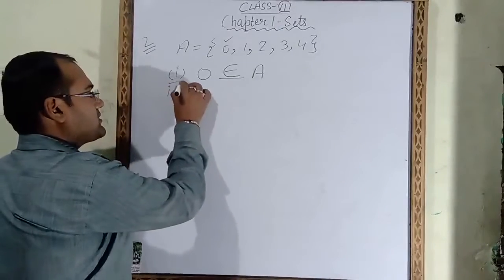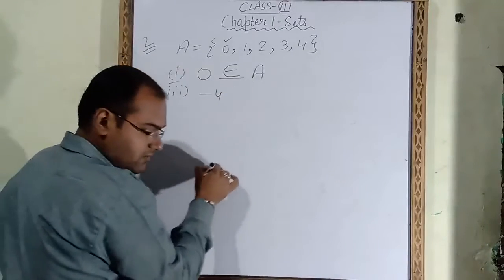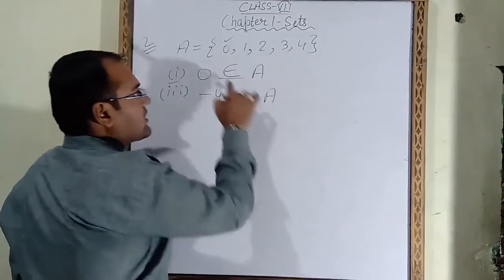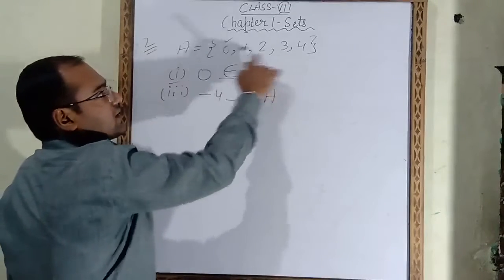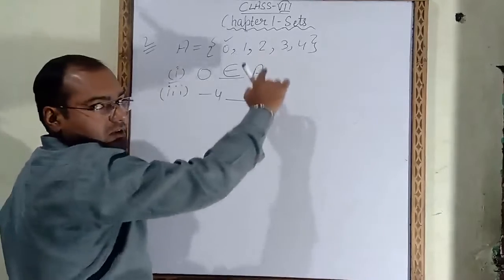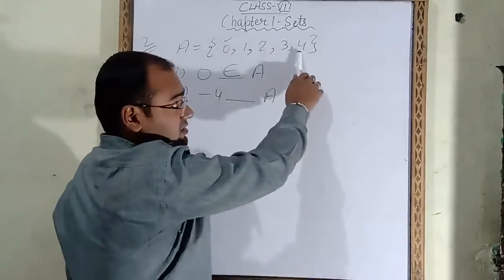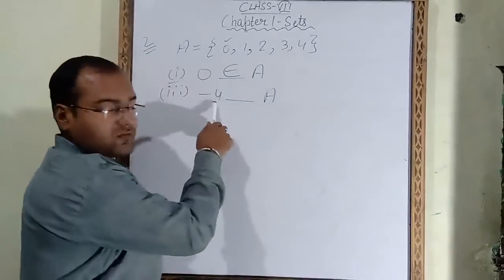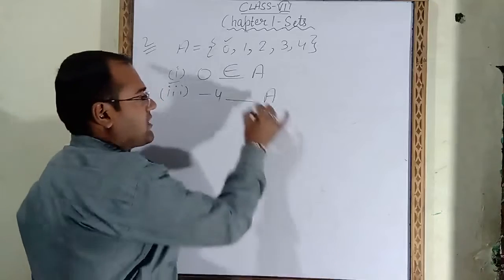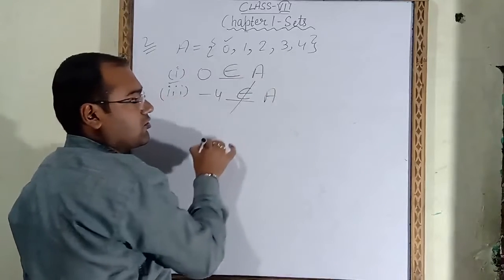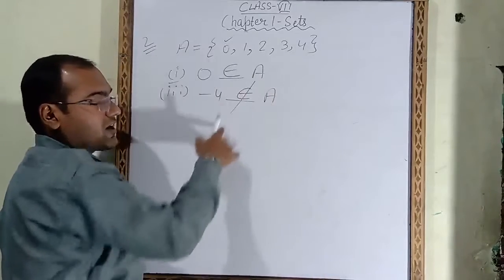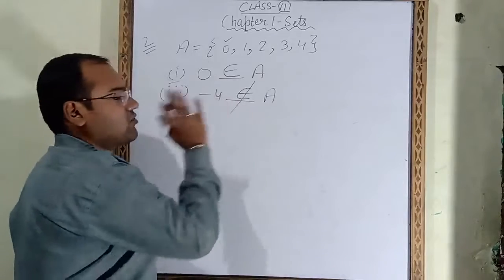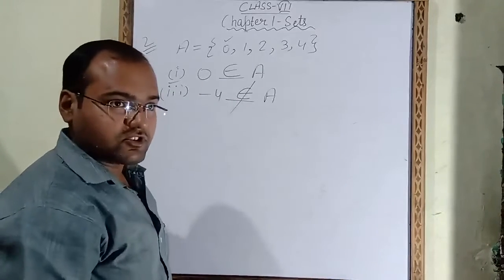Part number 3rd is -4 dash A. Is -4 coming in this set A? No. This is +4, but he is saying -4. -4 is not coming. That's why we will write here not belongs to. So not belongs to means we have to cut this symbol. So like this you have to do all the remaining parts of this question.